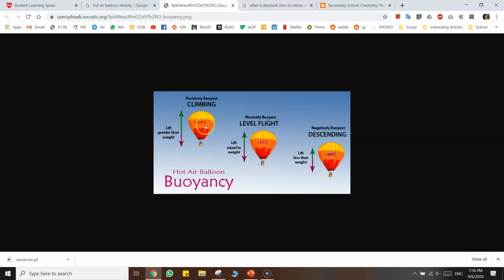Okay, so the basic idea here is that when you heat the gas particles in a hot air balloon, the particles spread out, they expand, and therefore they decrease their density, and the hot air balloon would rise up.